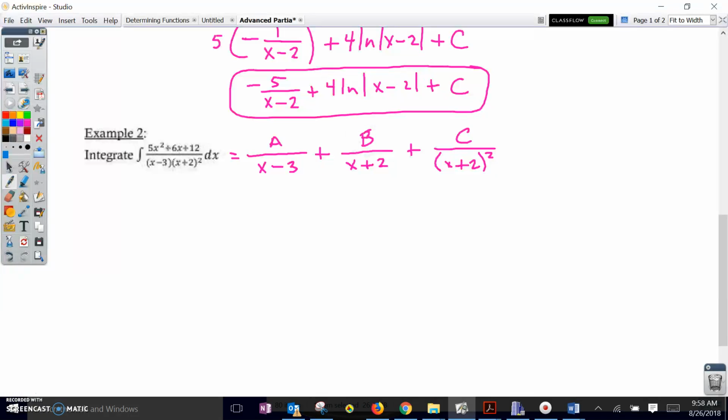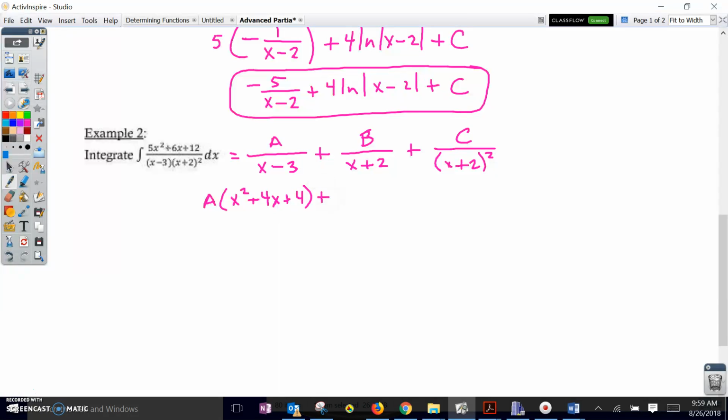Alright, now in order to determine our system, we need to multiply each of these numerators by the factors that are missing from their denominator to get to the common denominator. So we're going to take A times the quantity x plus 2 squared. I'm just going to expand that out.